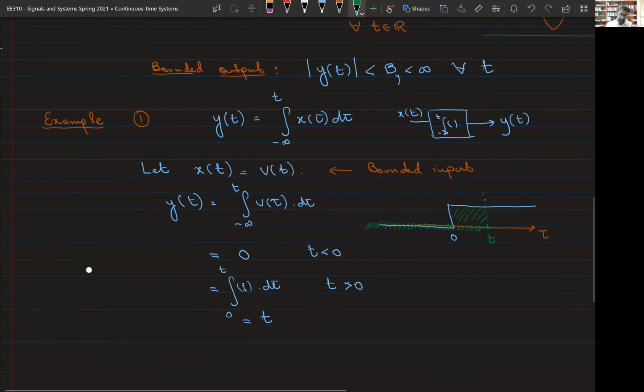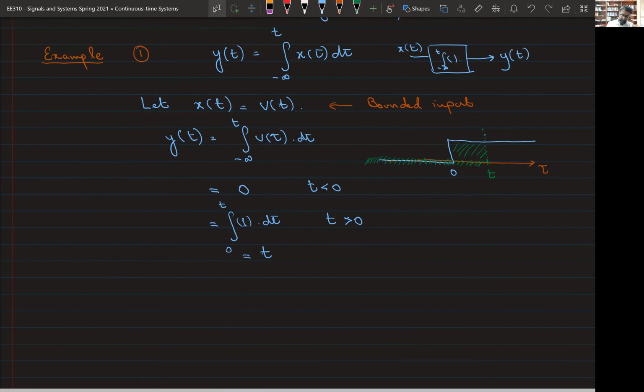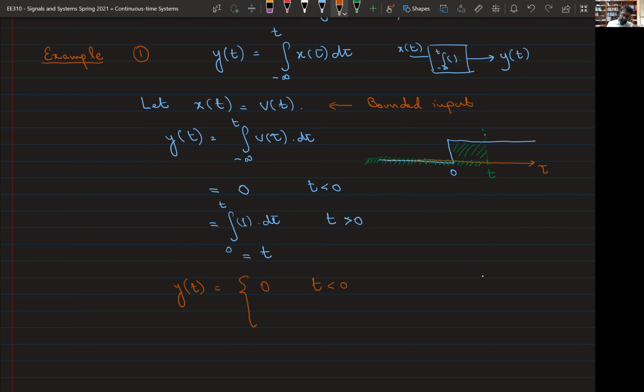So if I conclude what this integral corresponds to, the output, y of t, is going to be, in a piecewise description, equal to 0 for t less than 0, and equal to t for t greater than 0.